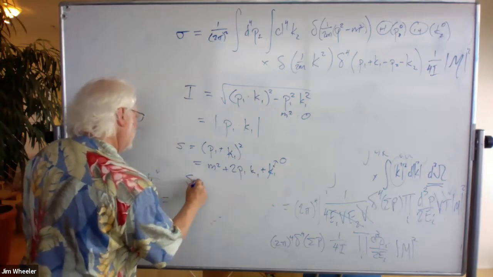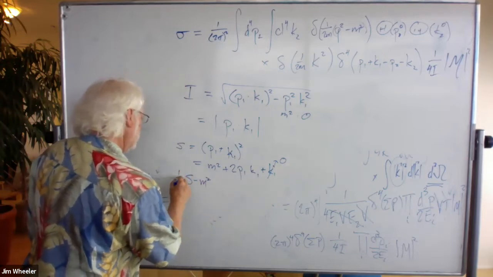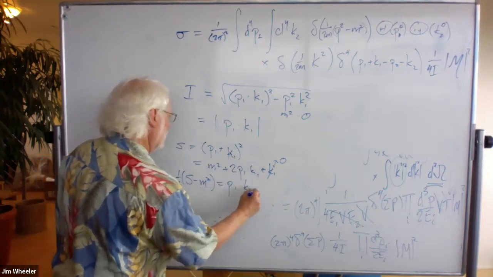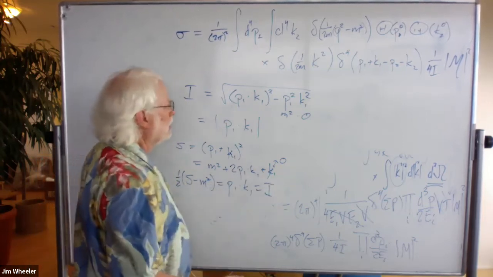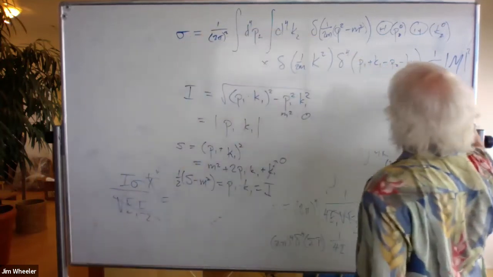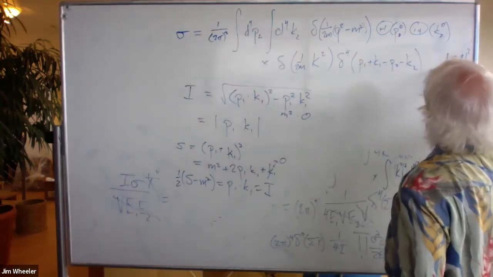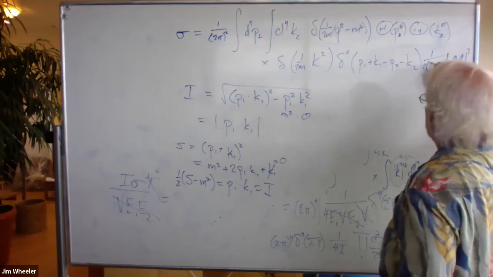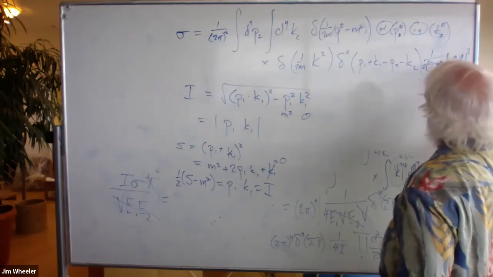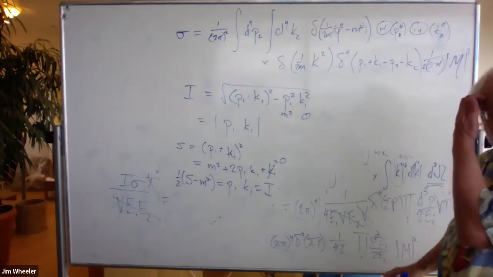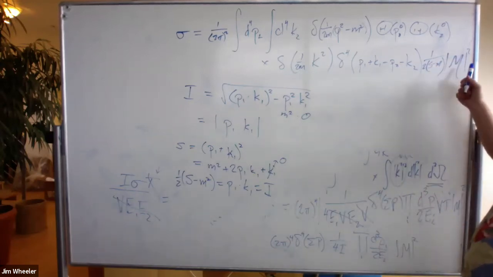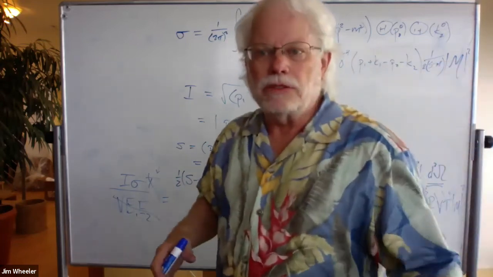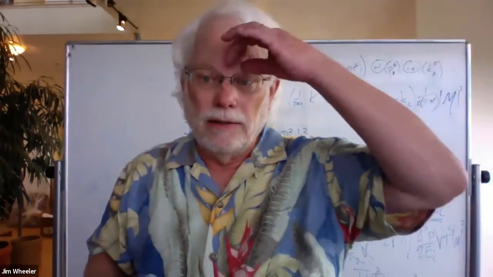So S minus m squared times a half is equal to P1 dot K1, and that's equal to I. So I can write this factor as 1 over twice S minus m squared in Mandelstam variables. We write our matrix element in terms of Mandelstam variables. And you can actually do the integrals in terms of Mandelstam variables as well.